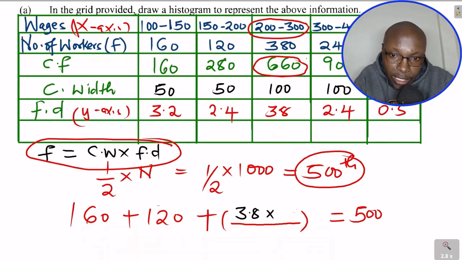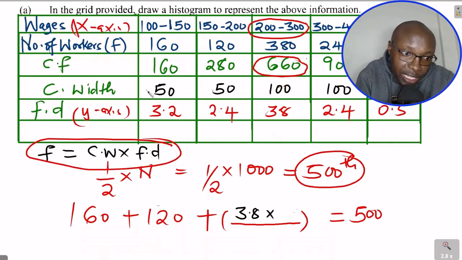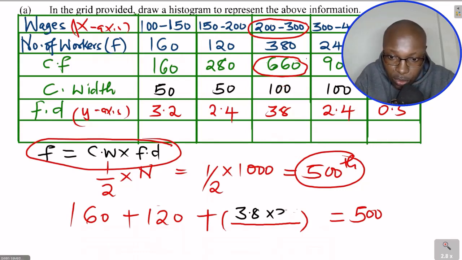So we need to get that class width that is going to be used with the frequency density in order to give that frequency. So we shall take 3.8 frequency density, multiply by the class width. We let that class width be x, and this is what is going to give the frequency that will give a sum of 500.